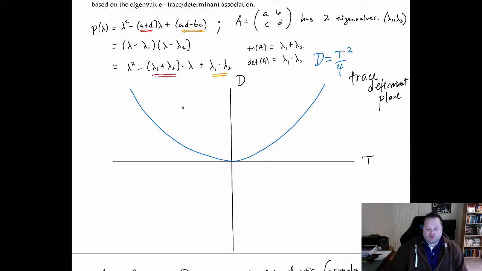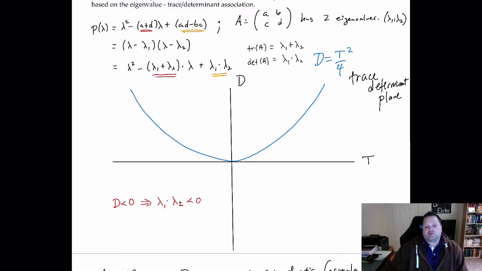So for example, let's just start with d less than 0. Let's think about what it takes to get a determinant that's less than 0. Remember, here's the determinant in terms of the eigenvalues. A determinant less than 0 means that lambda 1 times lambda 2 is less than 0.